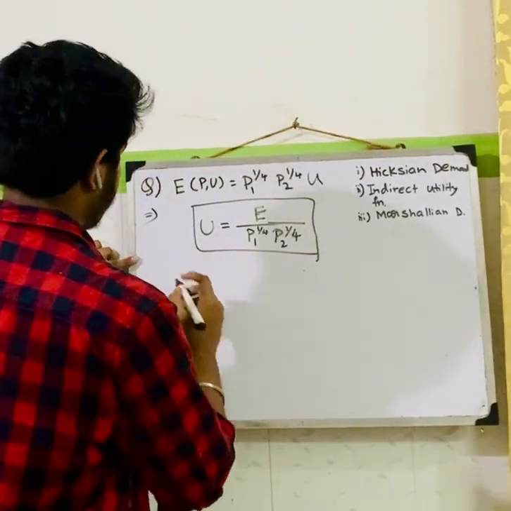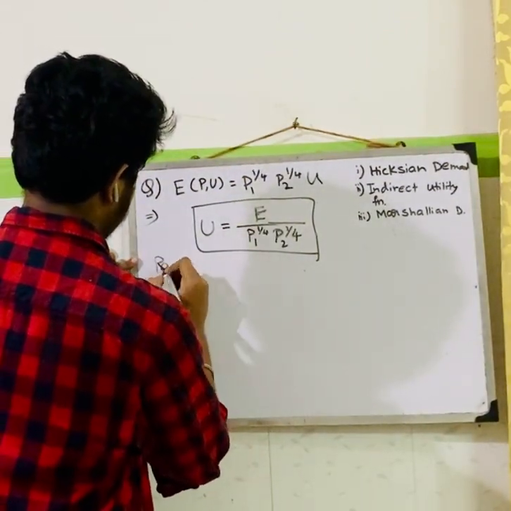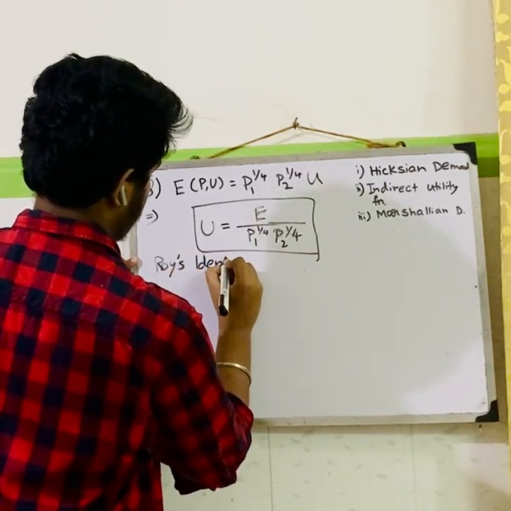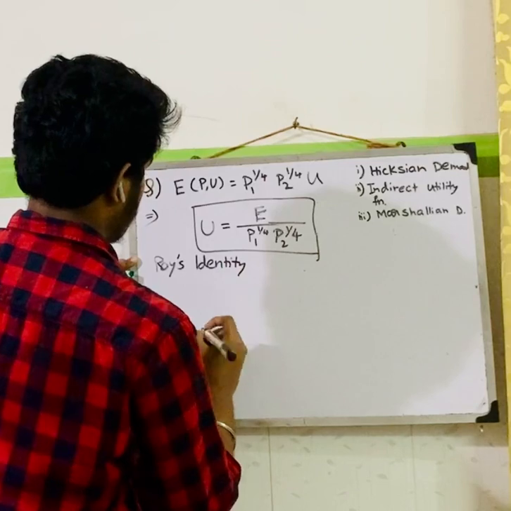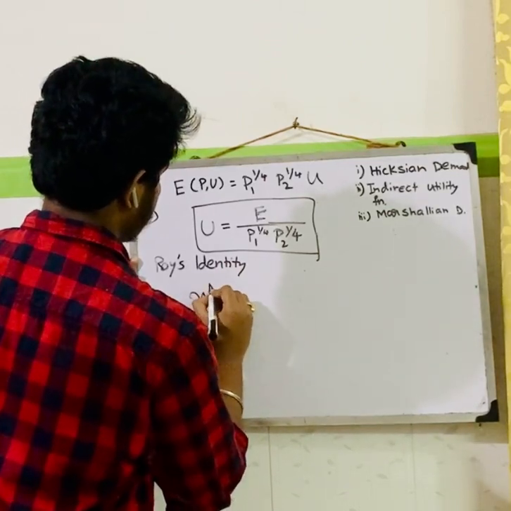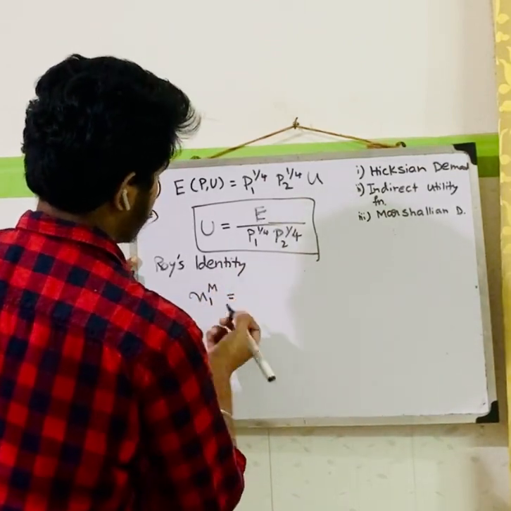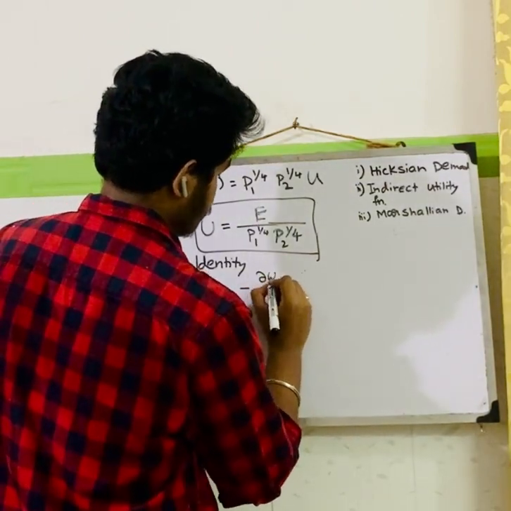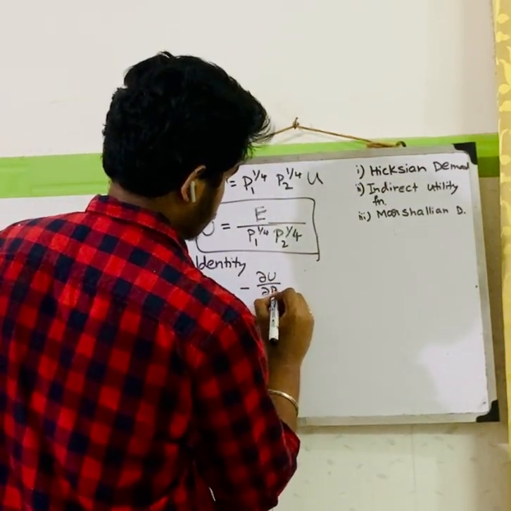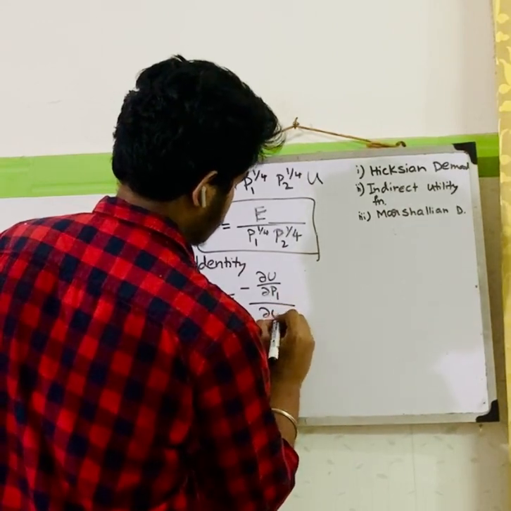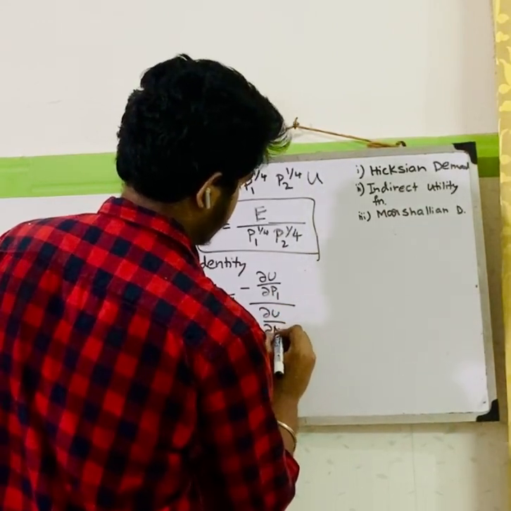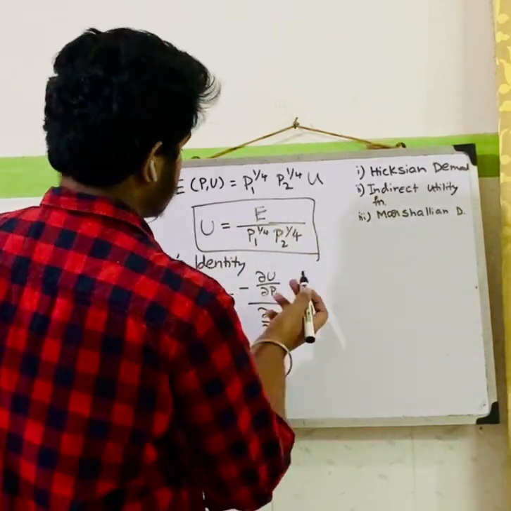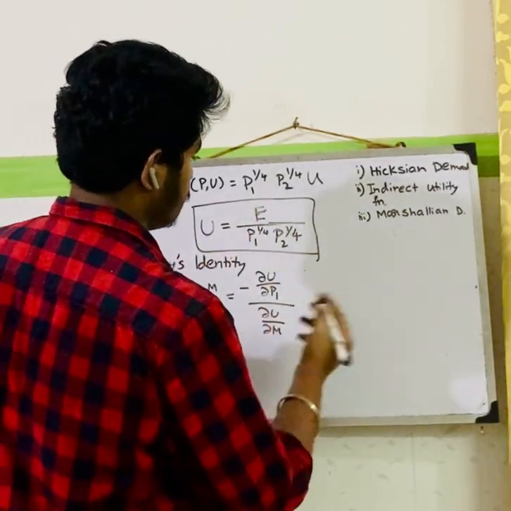So we know that our Roy's identity formula for x1 is minus del u by del p1 by del u by del m, right? So we'll just differentiate this with respect to P1 first.